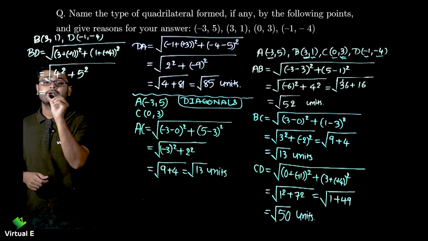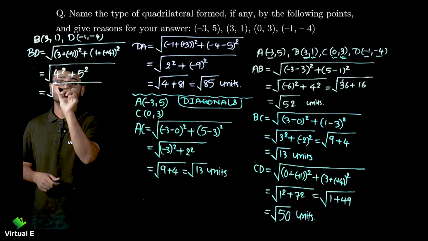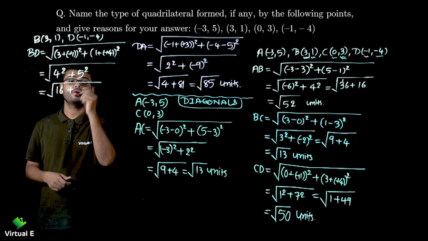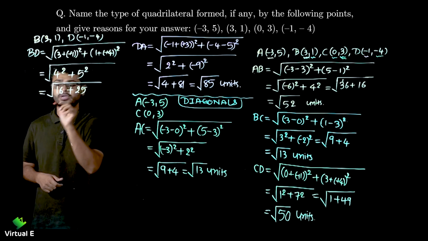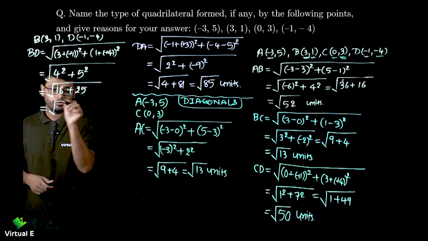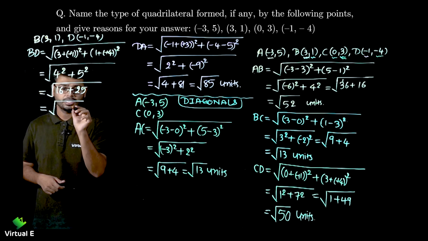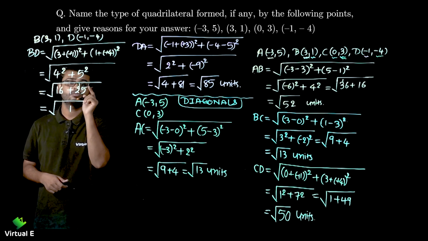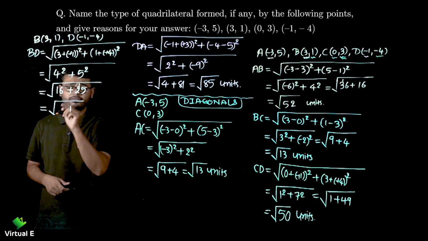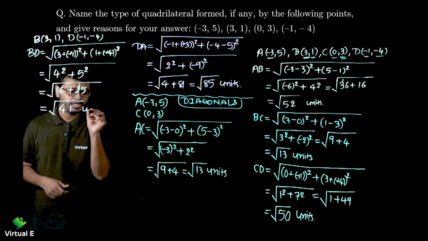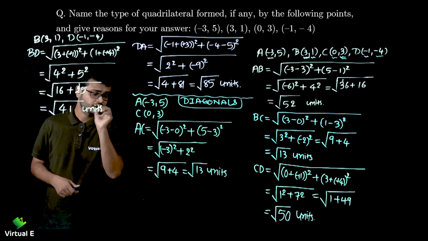So square of 4 is 16, plus square of 5 is 25. So if we add, what are we going to get? 6 and 5 will be 11, 1, carry over 1, 2, 3 and 4. So square root of 41 units.